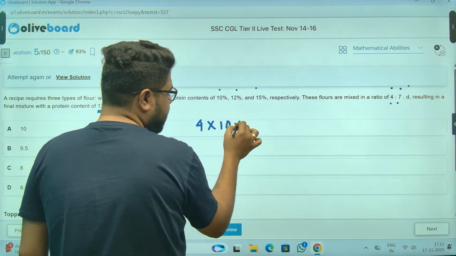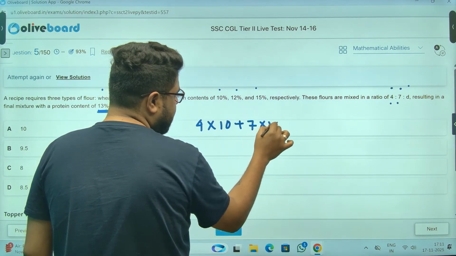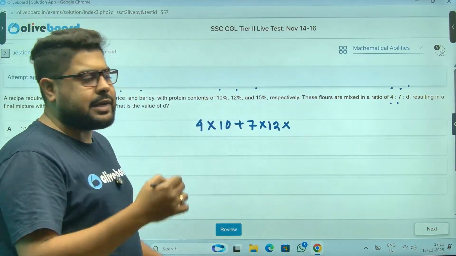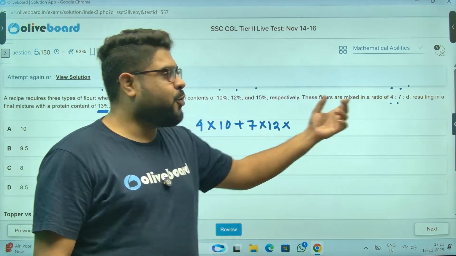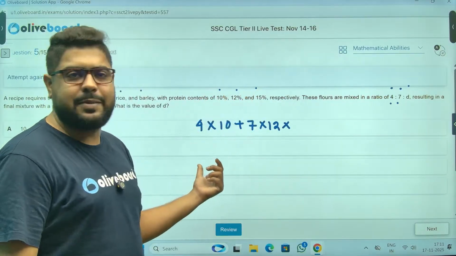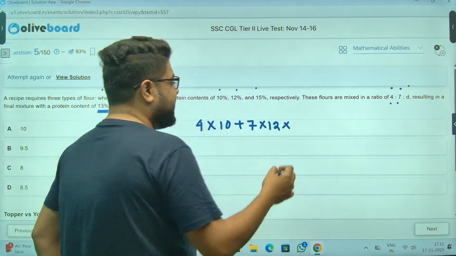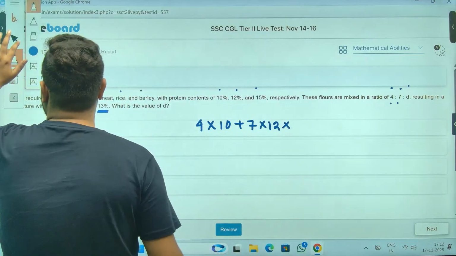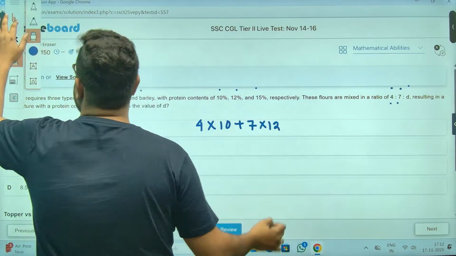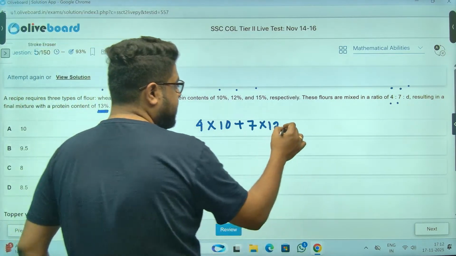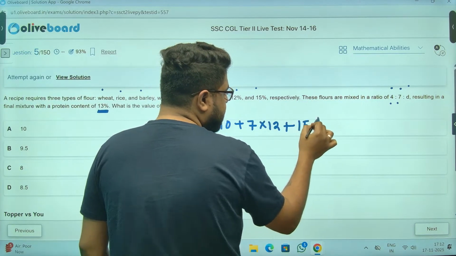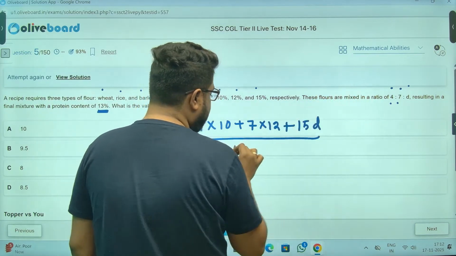4 into 10 plus 7 into 12, I'm taking percentages. If you're uncomfortable, take 400. 10% of 400 will be 40, like this. Plus 15 into d, divided by the total, 4 plus 7 plus d.